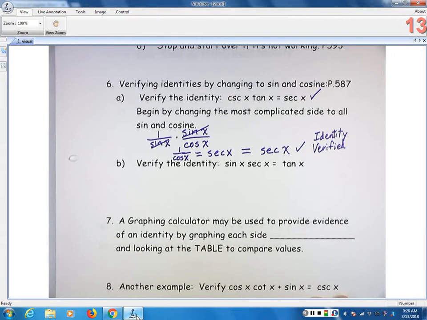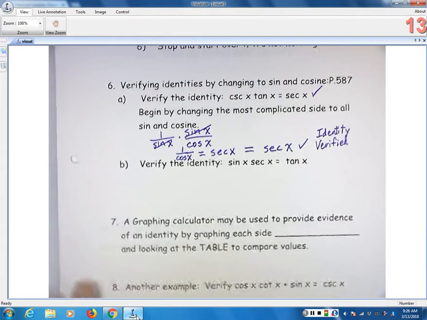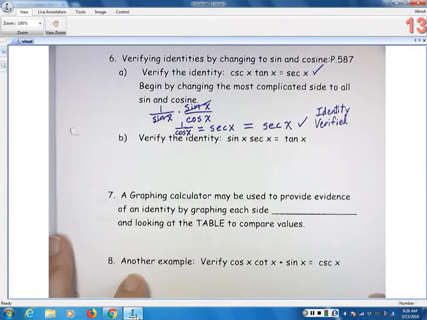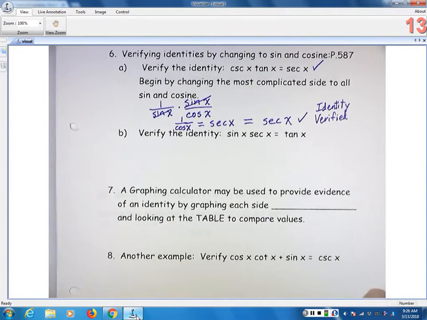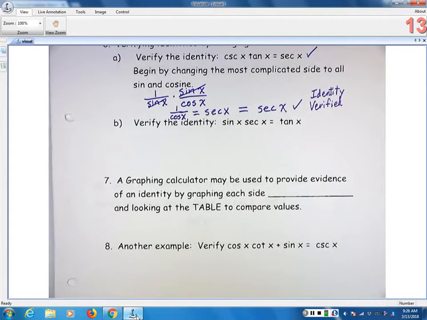Okay, so see if you can do this. Now you got an example here, unless you've printed out the filled-in notes. Rewrite the left side of this equation in terms of all sine and cosine. Sometimes I probably shouldn't have filled in notes.